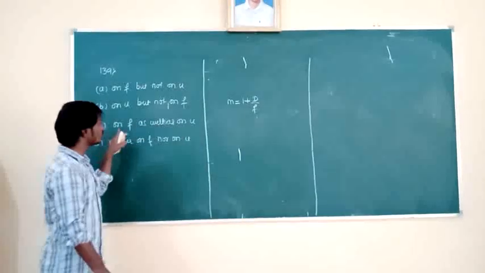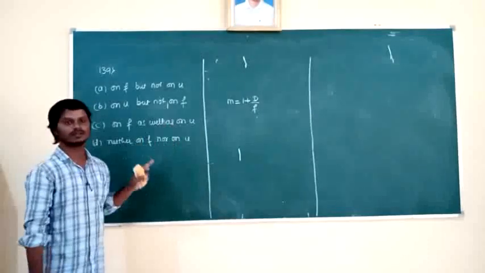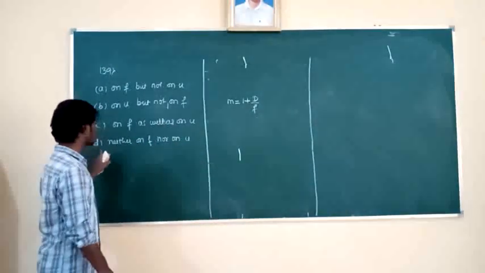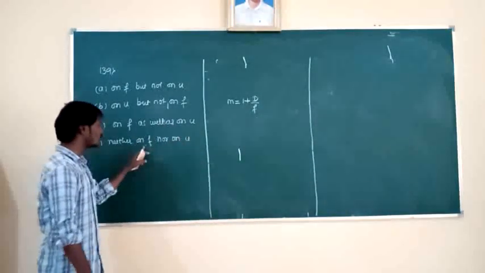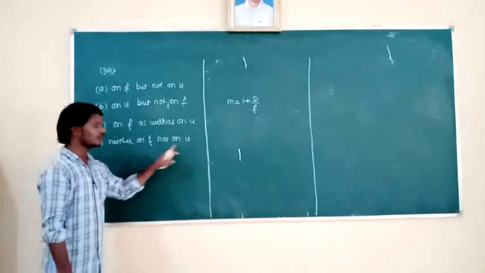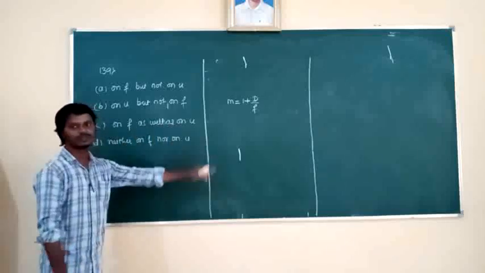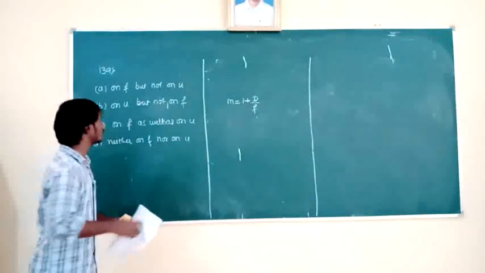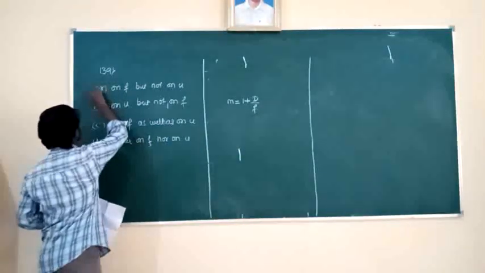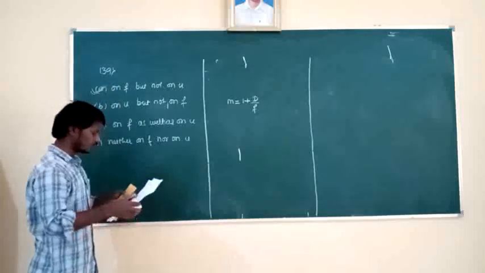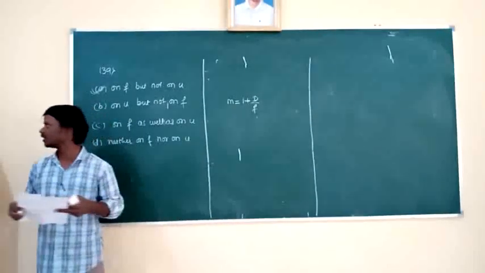The last option D, neither on f nor on u, is wrong because it does depend on f. Then which is the right option here? Option A is correct. Okay, so next, question number 140.